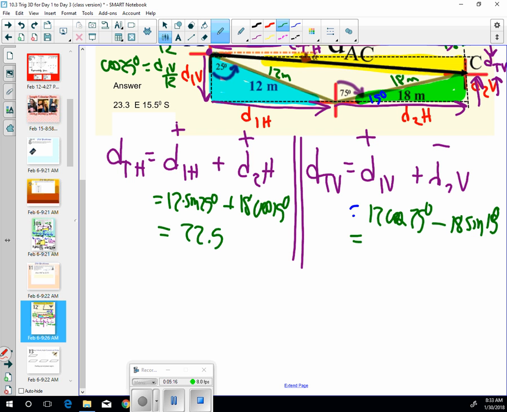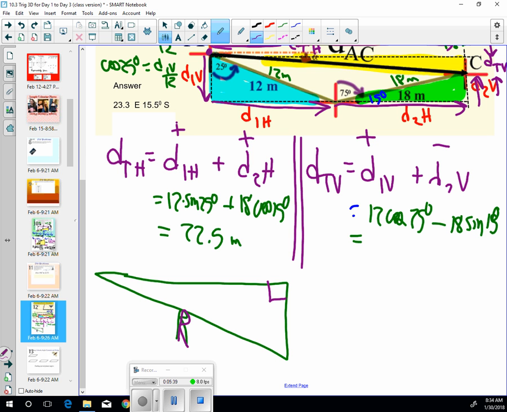22.5, and that is in meters. And then what did this one turn out to be? Anybody get that one? Get this one?